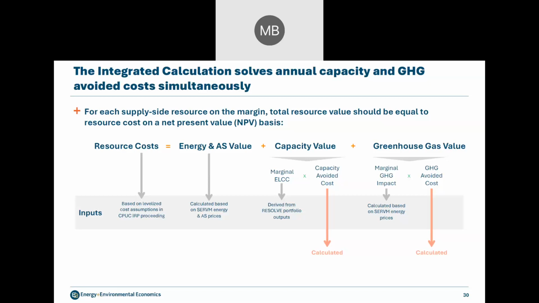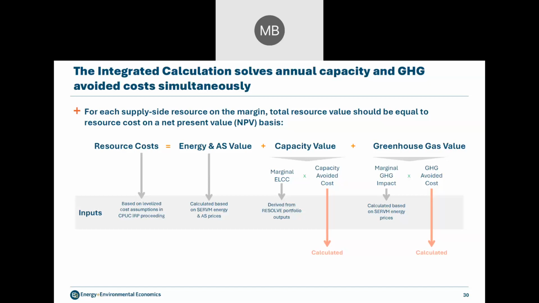So the energy cost comes directly from the Servum modeling. So it will be hourly cost that we are receiving. For the capacity value, we allocate that to the hours where there's highest probability of loss of load events. And then the Servum team will talk about how we allocate the capacity in the next section.